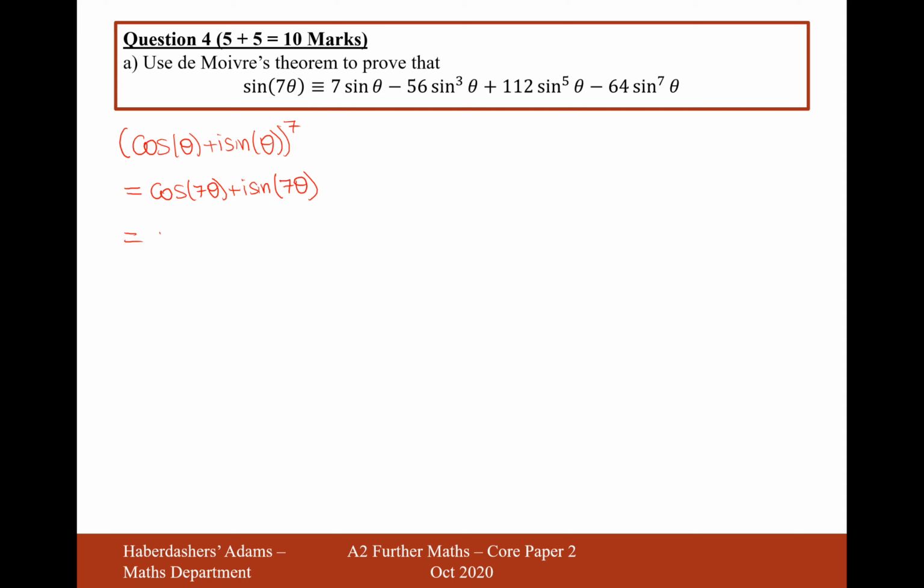So the first term is going to be cos to the power of 7 theta, plus 7 choose 1 cos to the 6 theta, i sin theta, and then 7 choose 2 cos to the power of 5 theta (i sin theta) squared, plus 7 choose 3 cos to the power of 4 theta (i sin theta) to the power of 3.